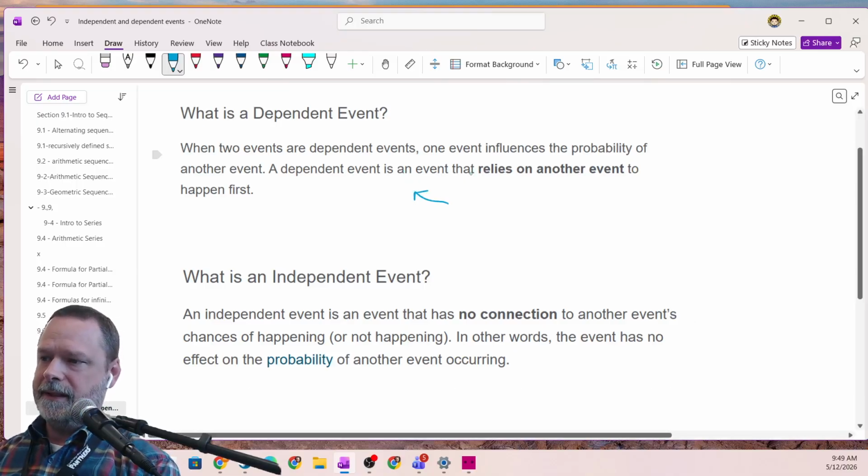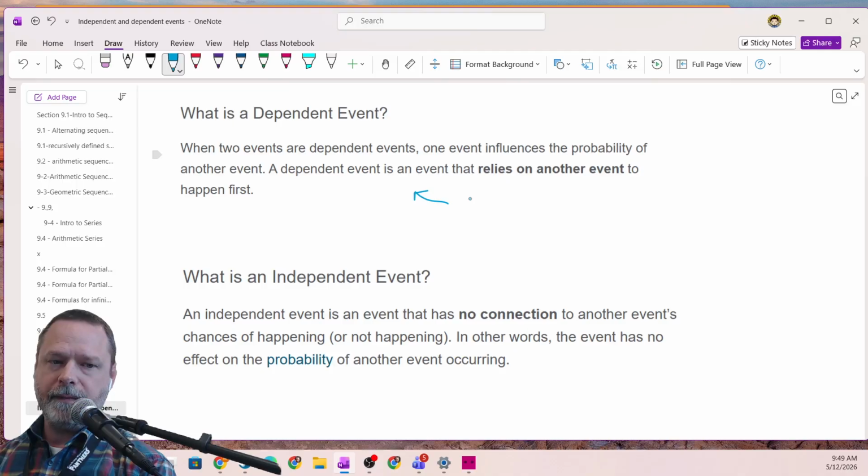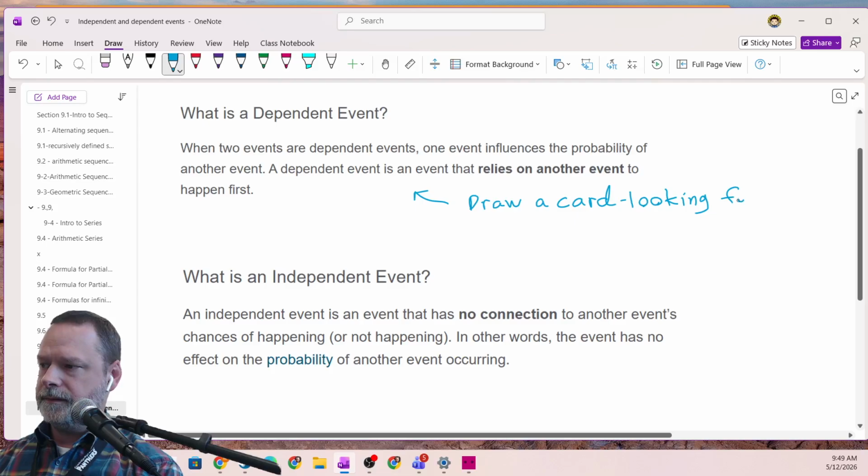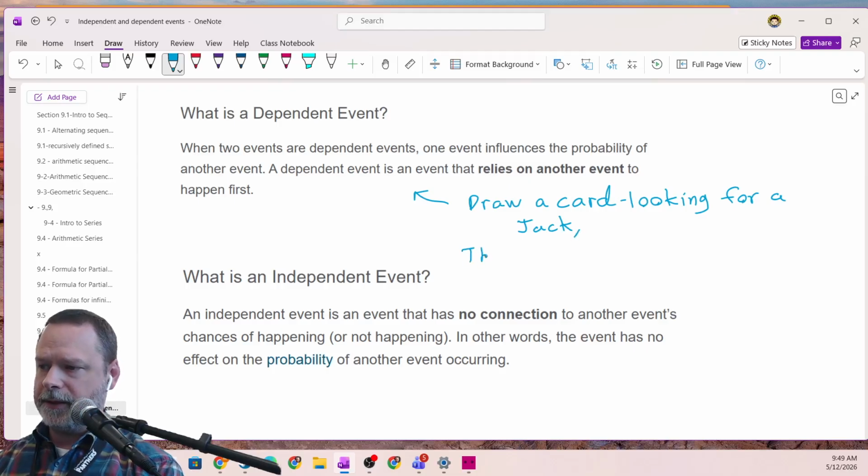Dependent events would be if I were to draw a card out of a deck of cards, looking for, let's say, a jack. And then draw another card from the same deck, not putting the first card back, looking for a red card.